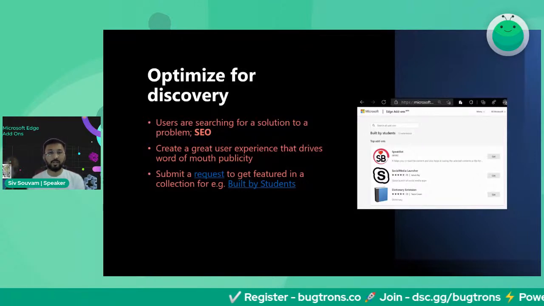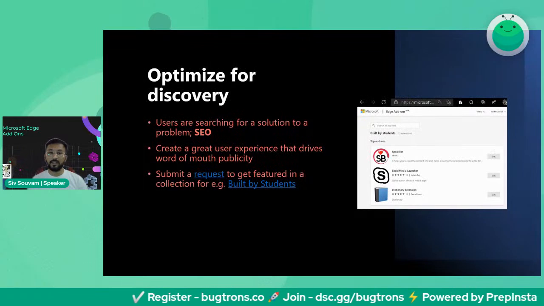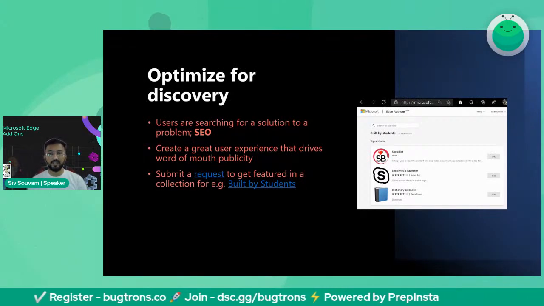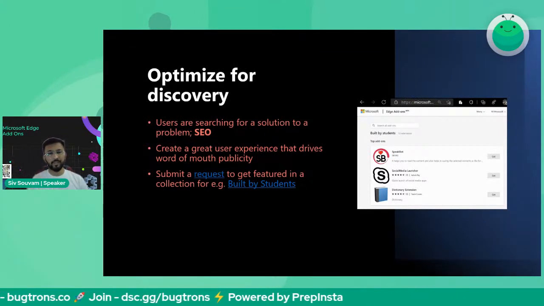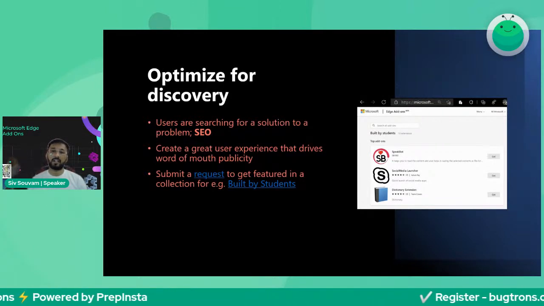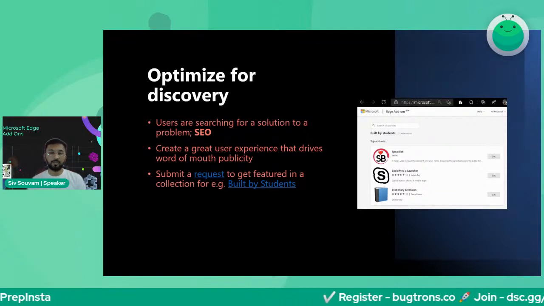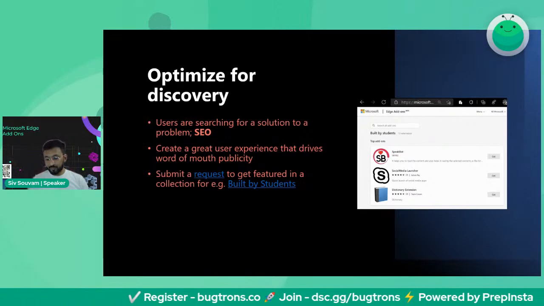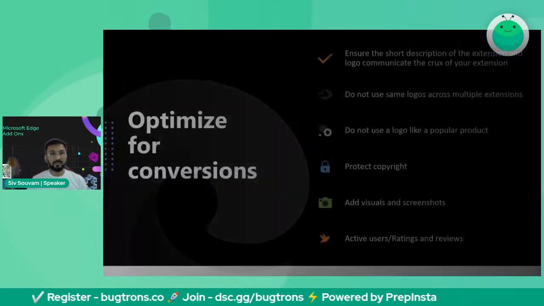For example, it's built by students. Okay, you are a student and you built it, so you can also fill up the form and share with us, so that we can share it under the category of built by students. So yeah, there's ample opportunity. Okay, so do not forget this.